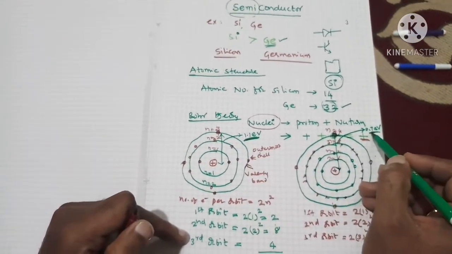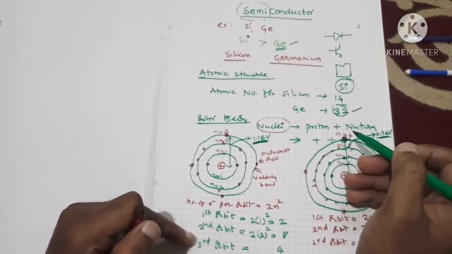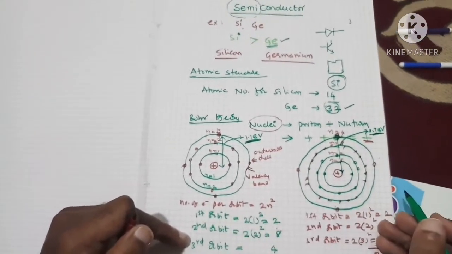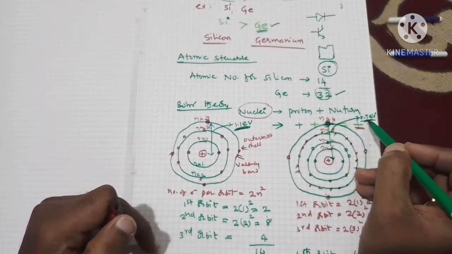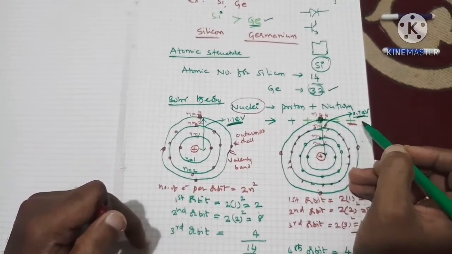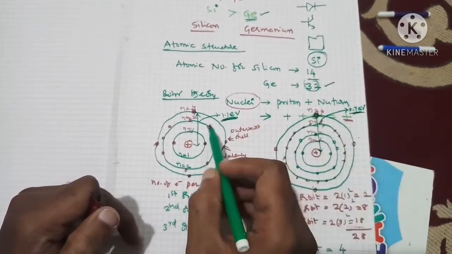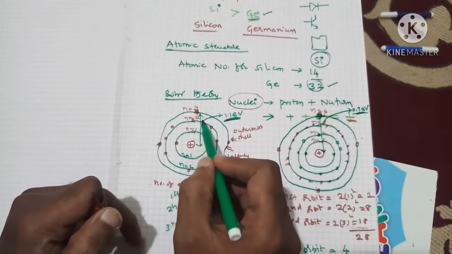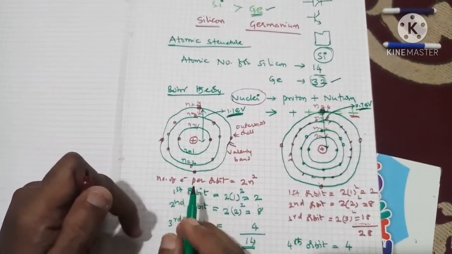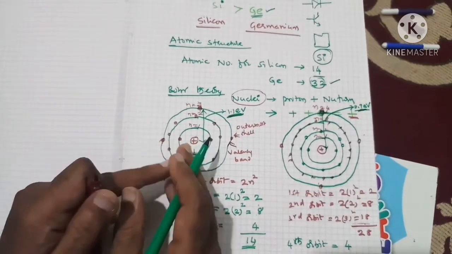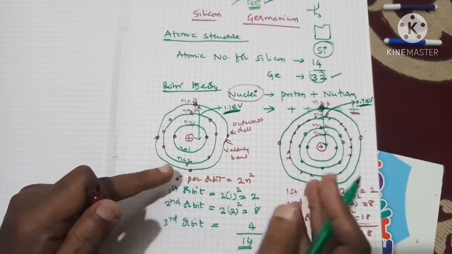Between the valence band and the conduction band we have a forbidden energy gap. This is the difference between the energy bands, the energy required to make the electron free. Because of this reason, silicon is widely used over germanium in the industries.